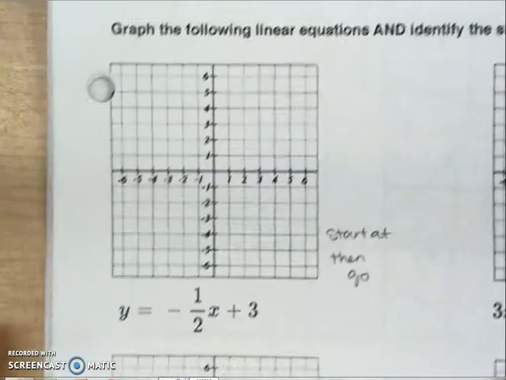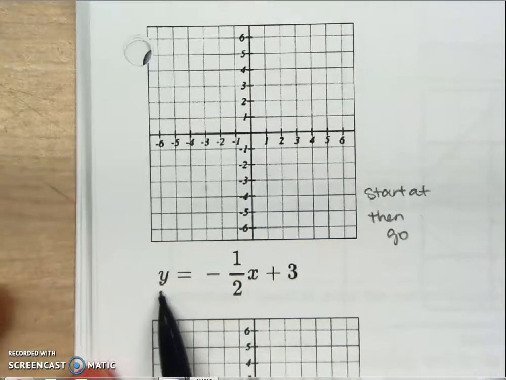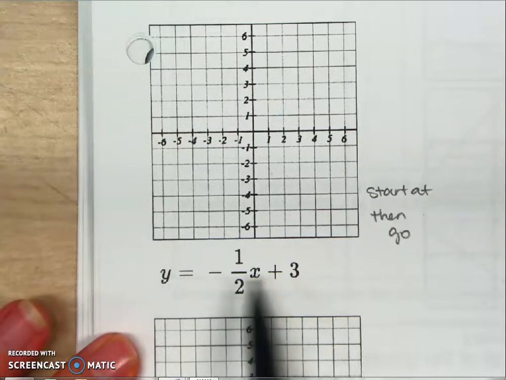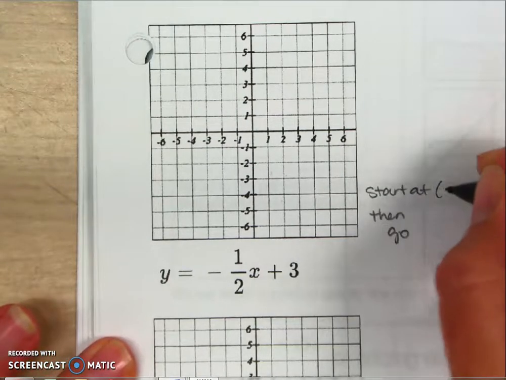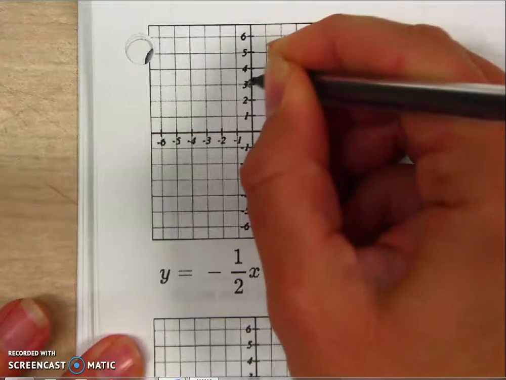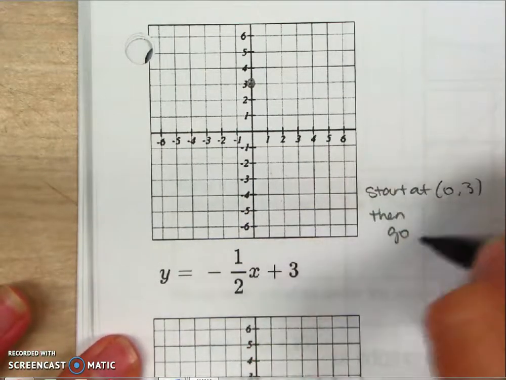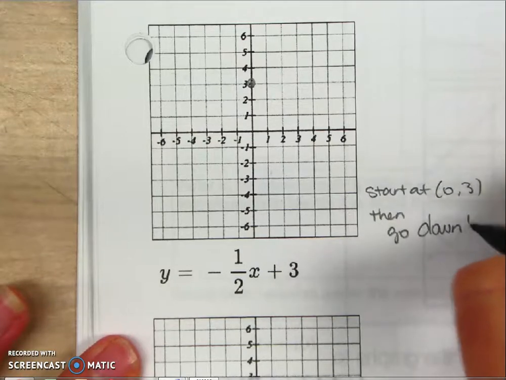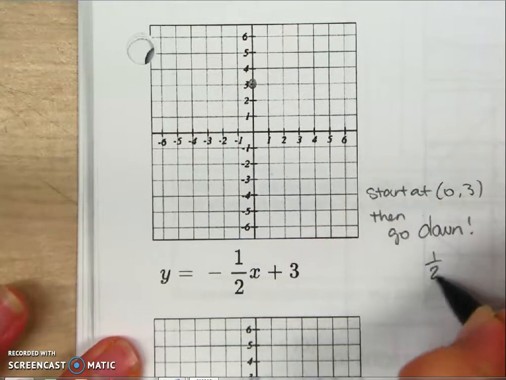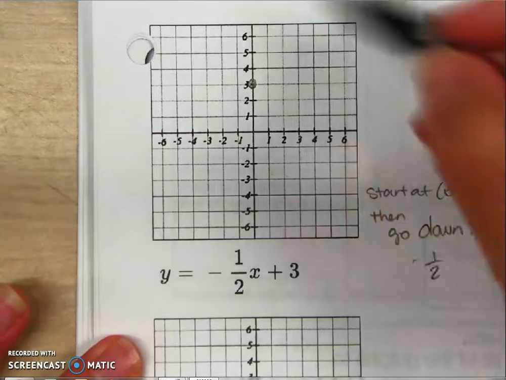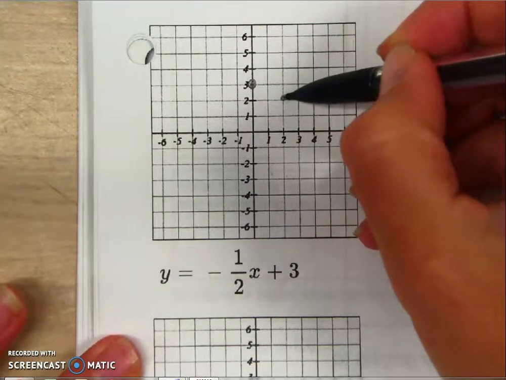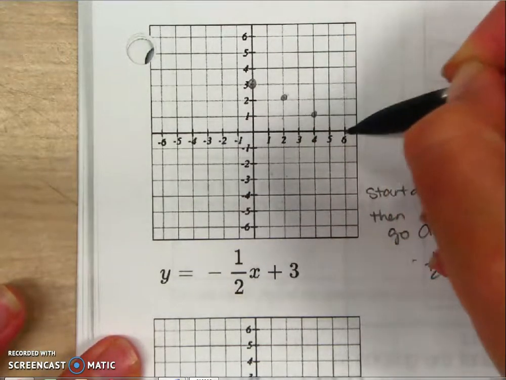But if we go down here, oh, there's one. Here's one where y is by itself. So let's start at 0, 3. So when x is 0, y would be 3. Then go down. All of these had negative slopes. So we go down 1 over 2, down 1 over 2.